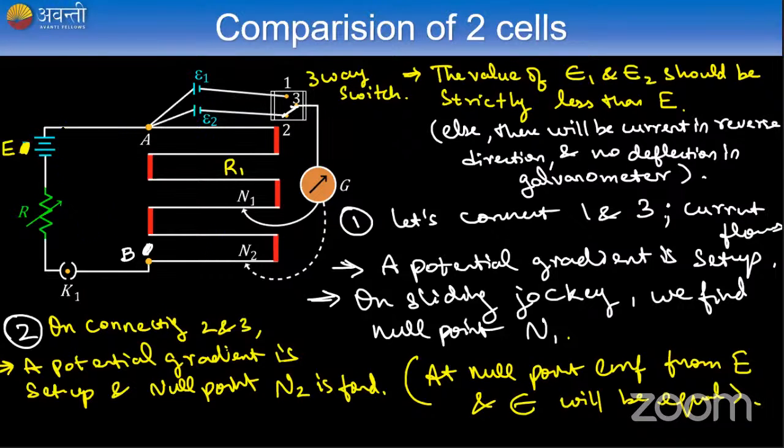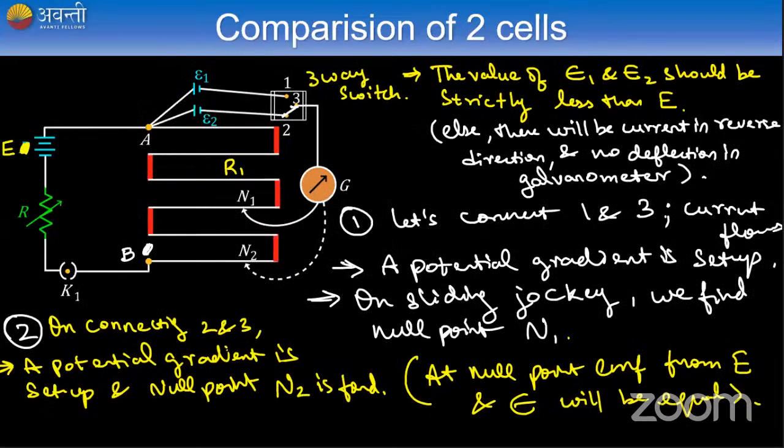So there will be a null point at N1 because of E and E1, epsilon 1. What does this null point say? It says that at point N1, the potential due to the external EMF and the potential due to the test cell will be equal. So there will be no current.